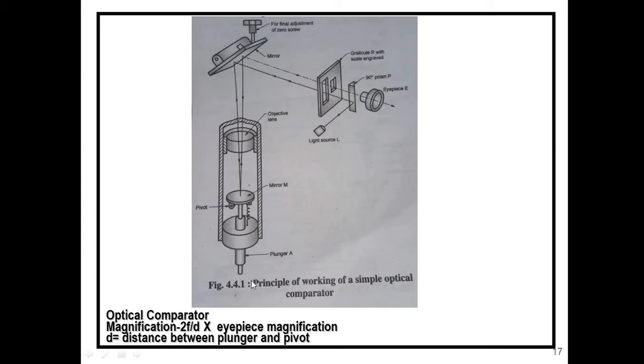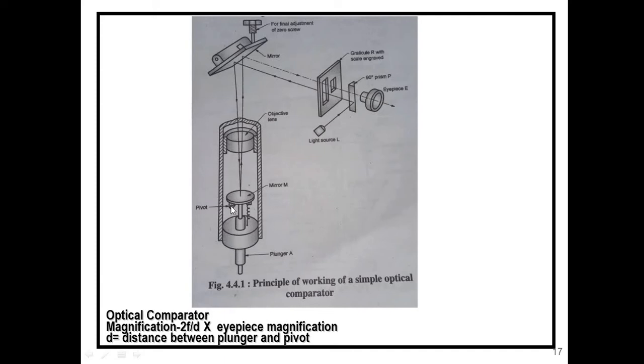The workpiece to be checked is inserted under this plunger A. The upper end of this plunger operates a tilting mirror. You can see the upper end of this plunger is operating a mirror. This is the mirror, and it is operated by this plunger. So whatever is the movement of the plunger, that is sensed by this mirror. But this mirror is a tilting type of mirror, because it is kept on a pivot, mounted on the knife edge.